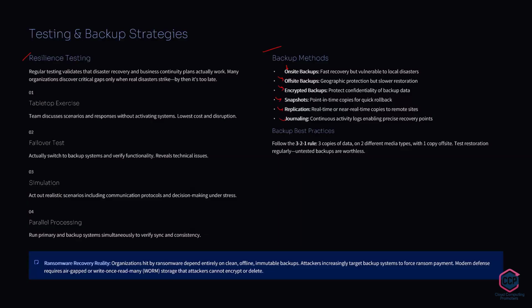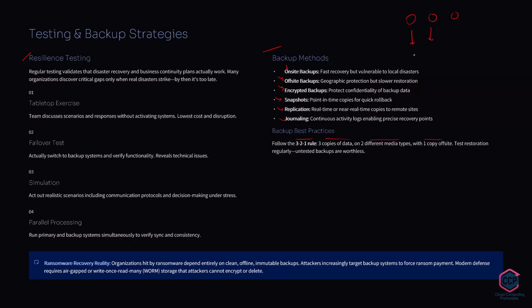They follow these rules. See, 3-2-1: 3 copies of data, 2 different media types, and 1 copy off-site. It means there should be 3 duplicate copies on 2 different media.